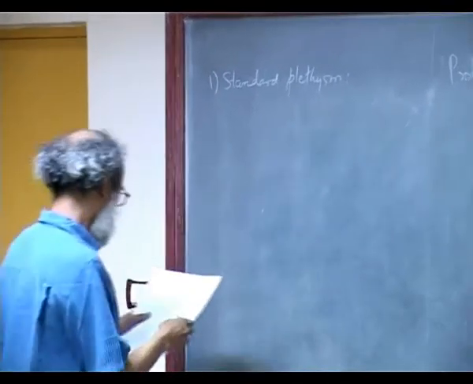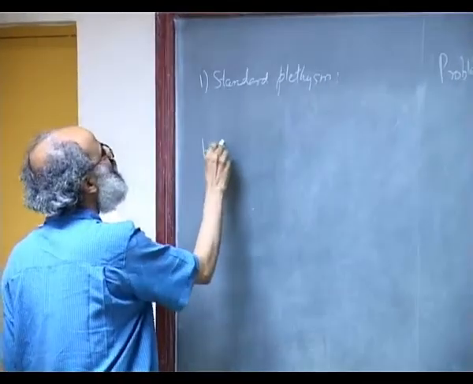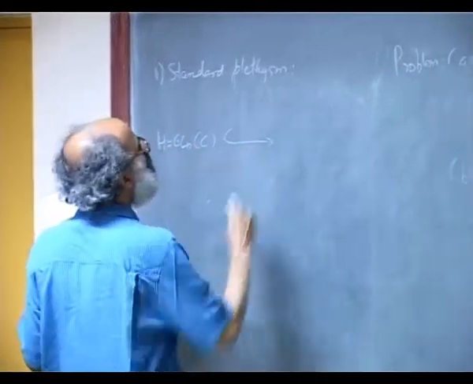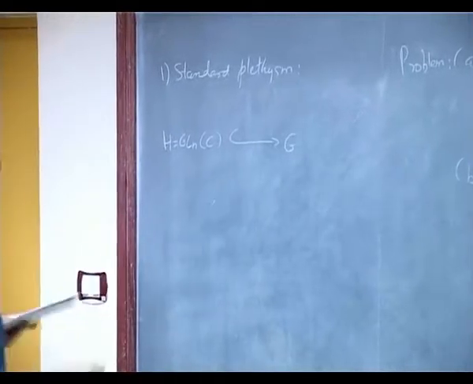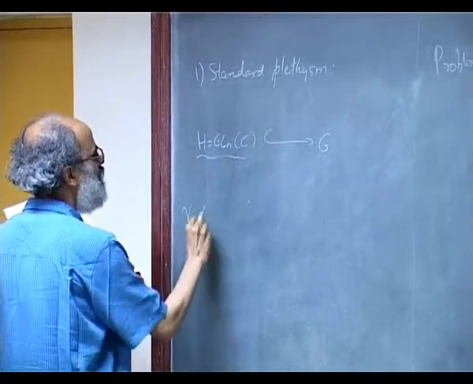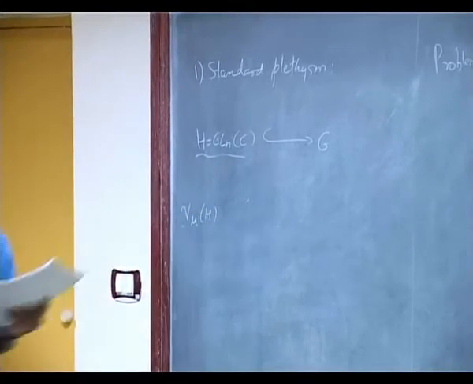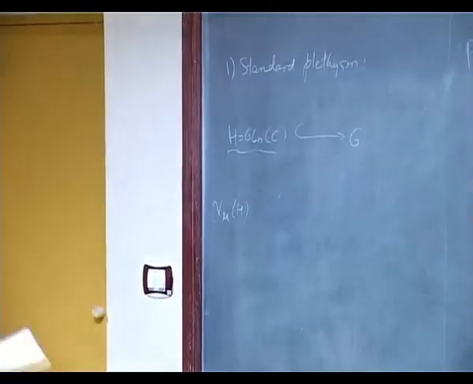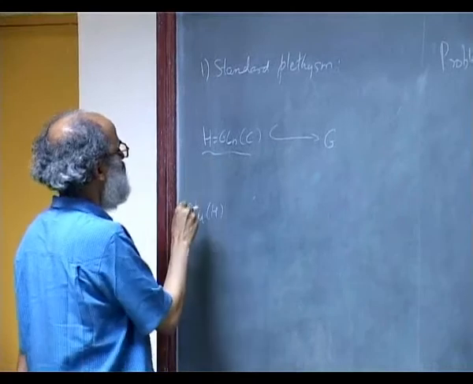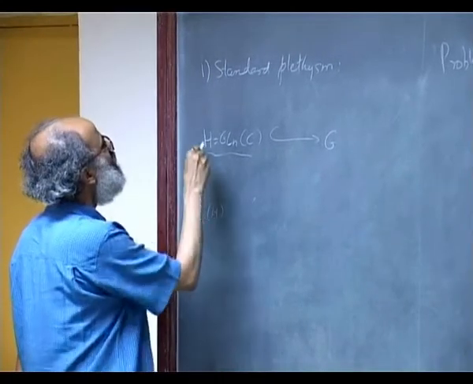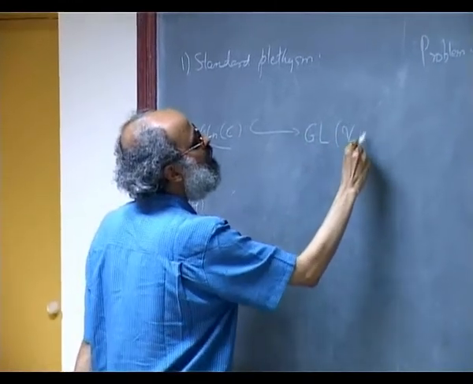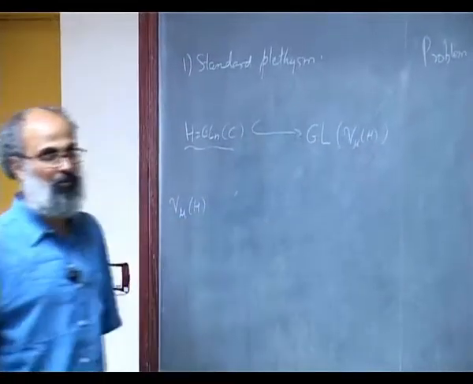In the standard plethysm problem, H is just GLNC, and that is embedded in G. If you take some V mu of H, some irreducible representation of H, since it is a representation of H, it means that there is a homomorphism of H to GL of V mu of H, correct? This is the representation map.